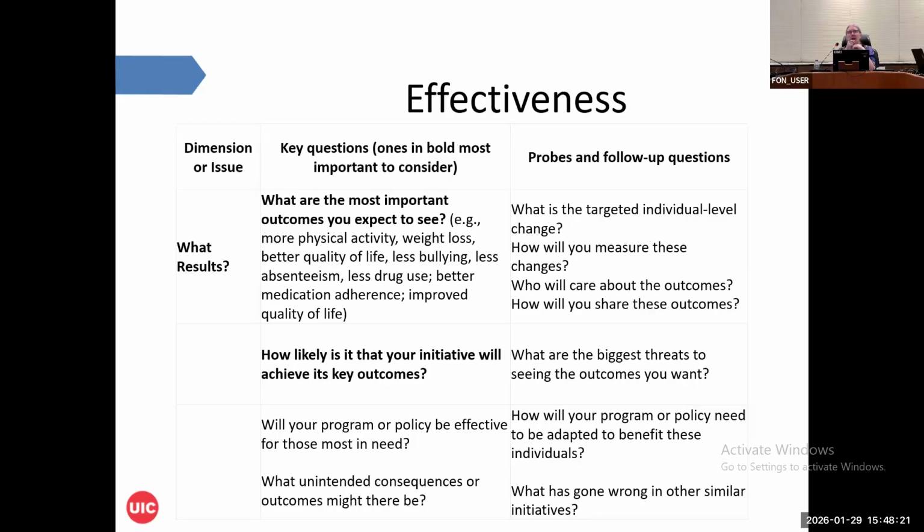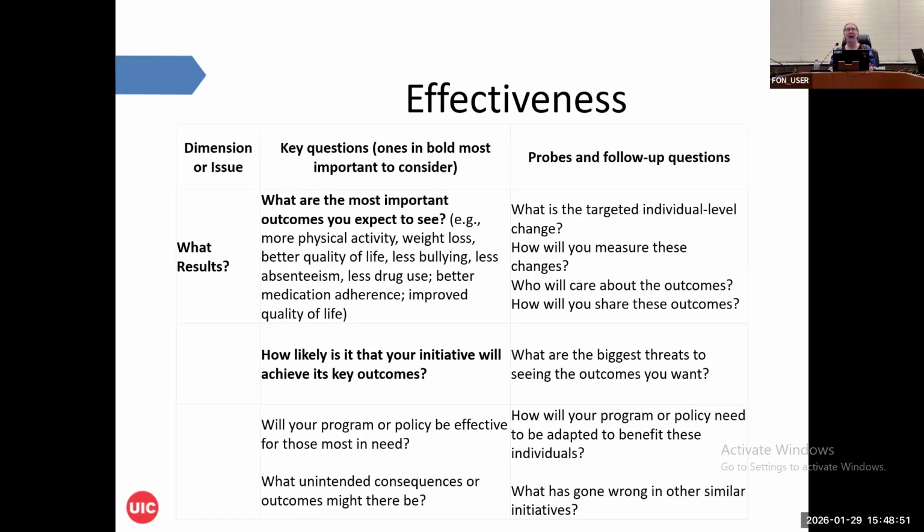So for implementation, I was able to get the state government to put funding for telepain in the state budget. Thinking about who will care about these outcomes is important for implementation, because you want to be able to make your case to major stakeholders.